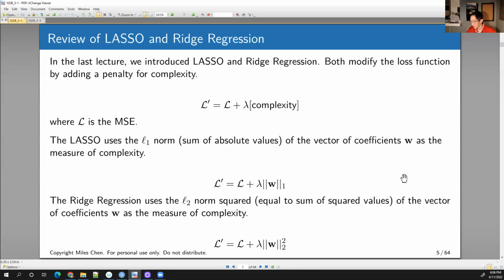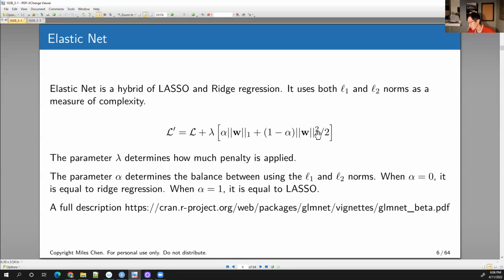Okay, there is another thing called ElasticNet, which is kind of a hybrid of LASSO and ridge regression. So LASSO uses the sum of the absolute values, and then ridge regression is the sum of the squared values, okay? And so ElasticNet says, you know what, our complexity will be the absolute value penalty plus the squared terms penalty.